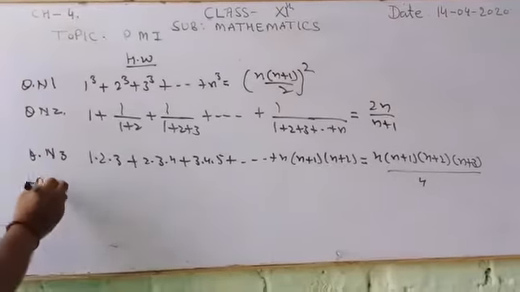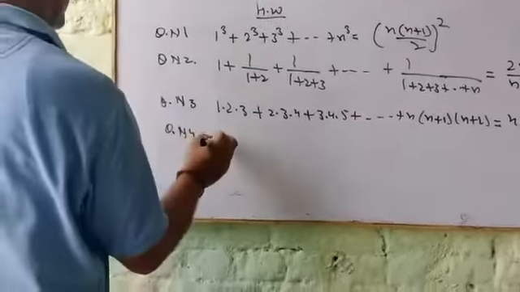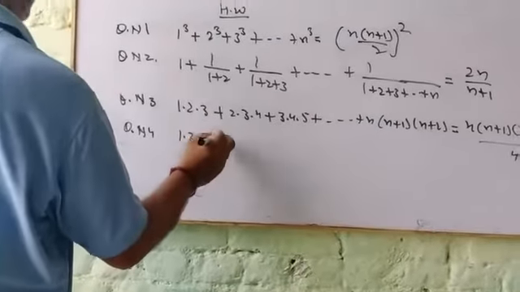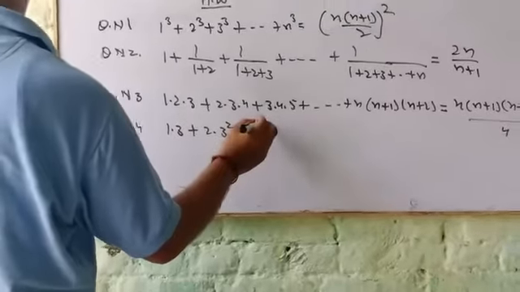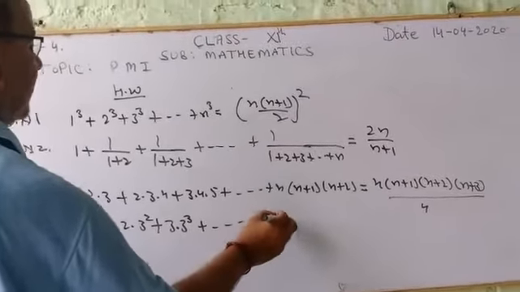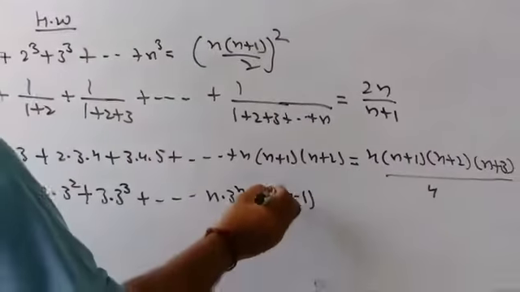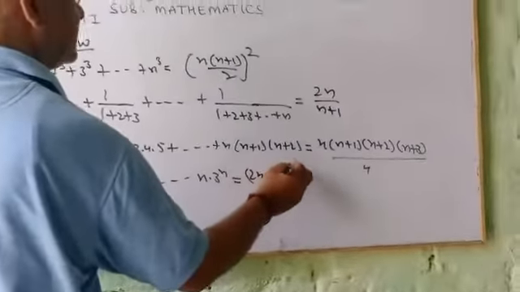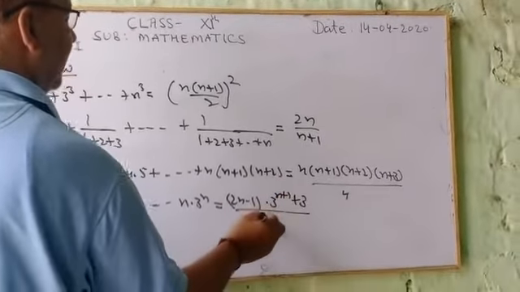And question number 4, 1 into 3 plus 2 into 3 square plus 3 into 3 cube plus up to n into 3 raised to n equal to 2n minus 1 into 3 raised to n plus 1 plus 3 upon 4.